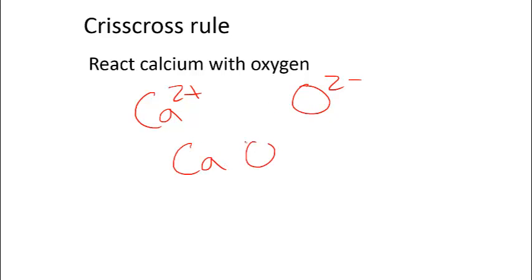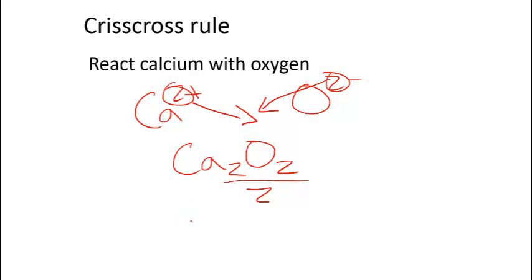So applying the crisscross rule, we would get the formula Ca2O2. But this formula, however, is incorrect. After you apply the crisscross rule, you must divide both subscripts by a common denominator. In this case, the common denominator is 2, so the correct formula for calcium oxide is just CaO.